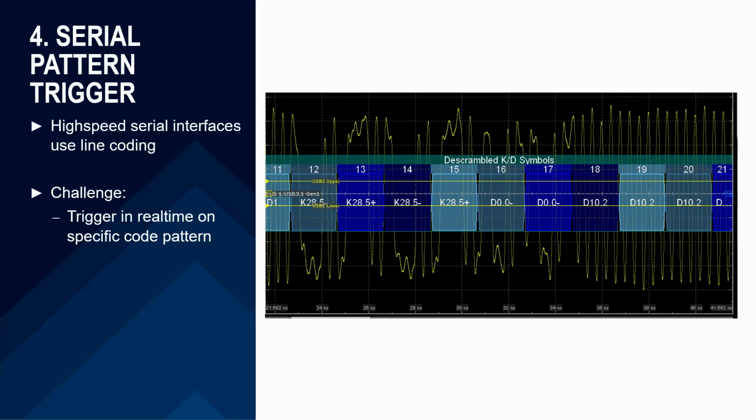And so I could apply a serial pattern trigger in order to focus my eye diagram on a dedicated portion of the signal. So also with our oscilloscope, we have the possibility to apply a serial pattern trigger combined with the clock data recovery on a high-speed serial data stream and look for dedicated bit coding and then apply there the eye diagram analysis.